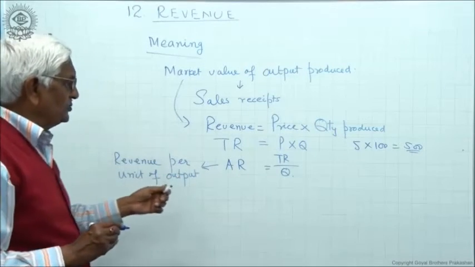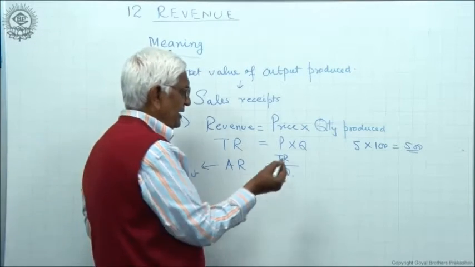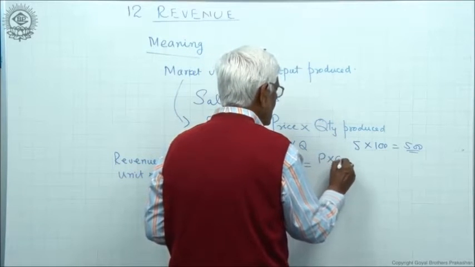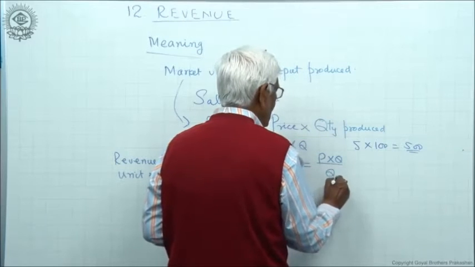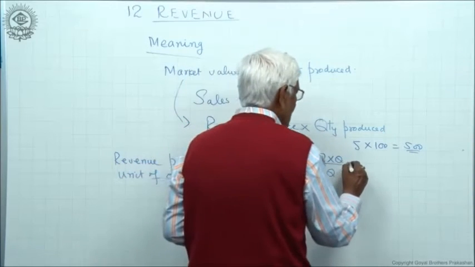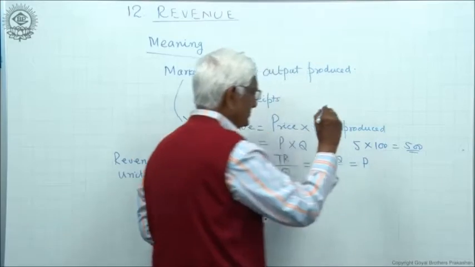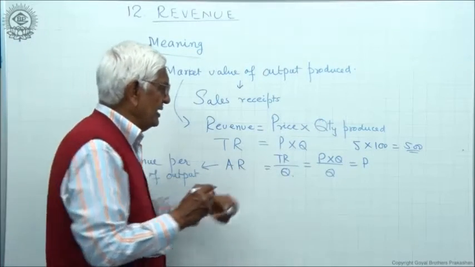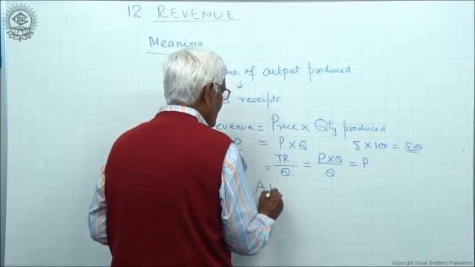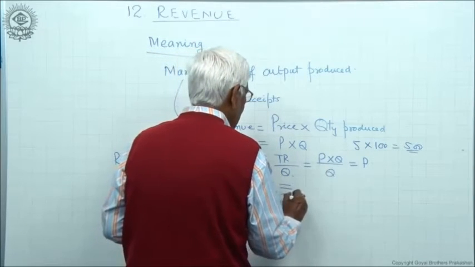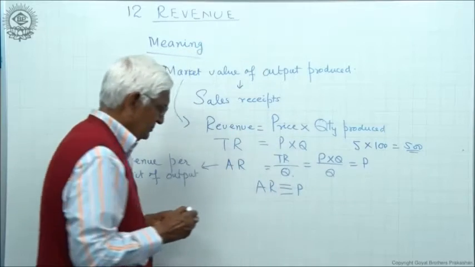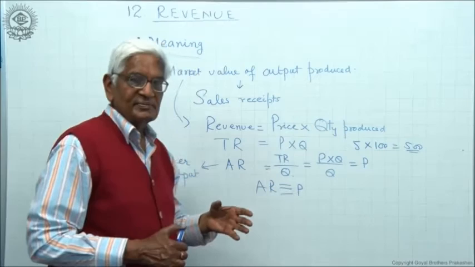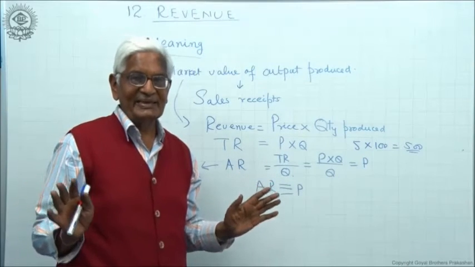Revenue per unit of output is average revenue, and we can derive it further. Since TR is equal to P into Q upon Q is equal to P. So remember, AR is P and it can be expressed as AR is equal to P, which simply means, the three lines means that they are synonymous. They are the same.